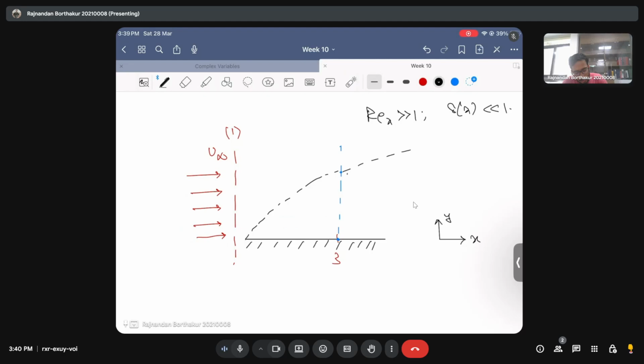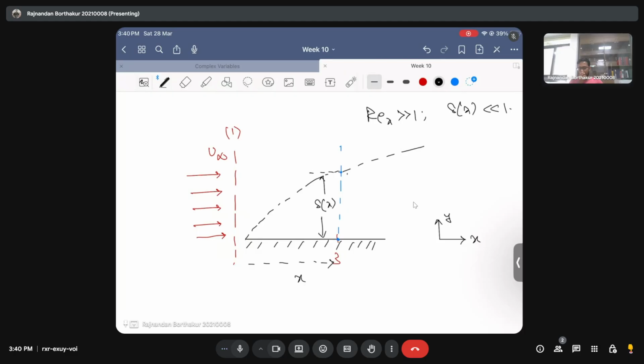In reality, as we saw, delta is very much less than the length of the plate, but I'm zooming into the portion here just for ease of explanation. So at any distance x, which is this point 3 from the leading edge, the boundary layer thickness, let's say, is delta of x.